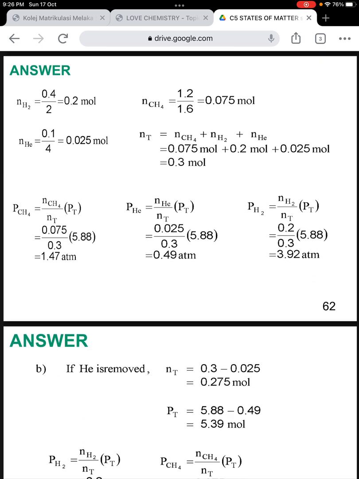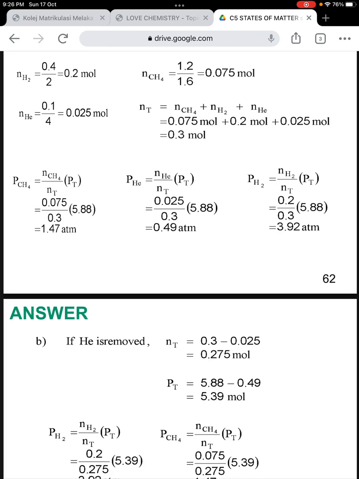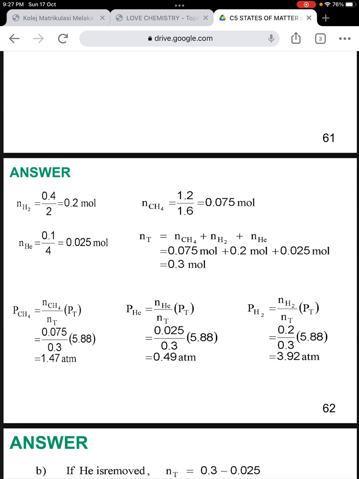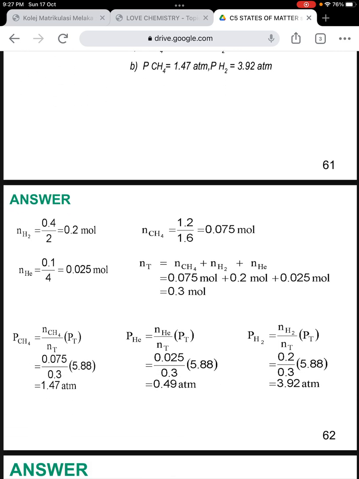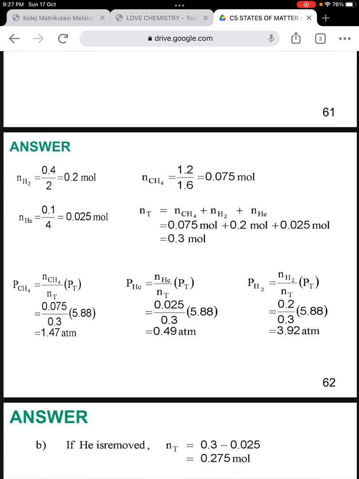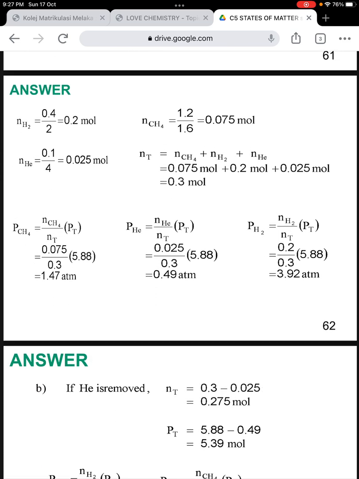If helium is removed from the container, we have to calculate the new total mole. What is the new total mole? You take the total mole of 0.3 minus the helium.